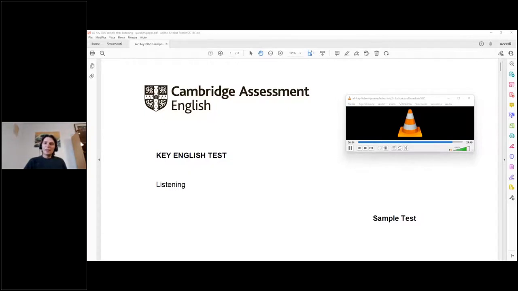This should give you an idea of how much time you have after you complete your listening exercise to copy your answers onto the answer sheet, which you will give to your examiners together with your reading and writing answer sheet. Yes.